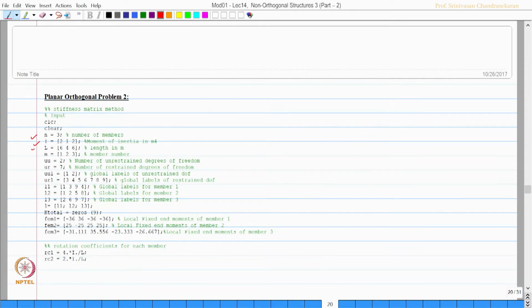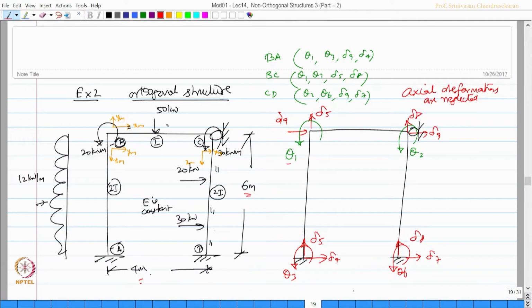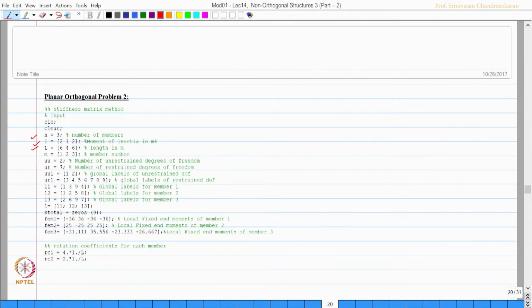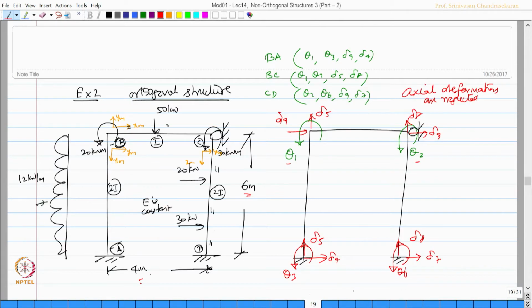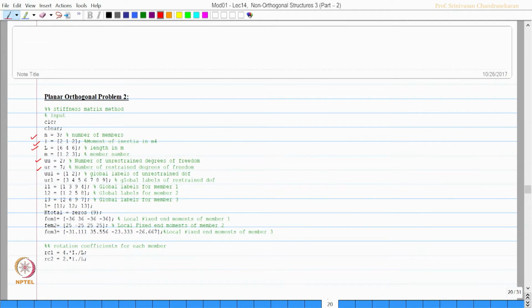So, 6 4 6. Member numbers 1 2 and 3. How many unrestrained degrees are there marked in green? 2, 1 and 2. So, 2 unrestrained degrees, remaining restrained because there are total 9, is it not? So, labels are 1 and 2 for unrestrained and restrained it is 3 to 9, correct.